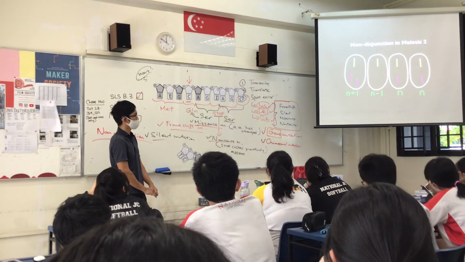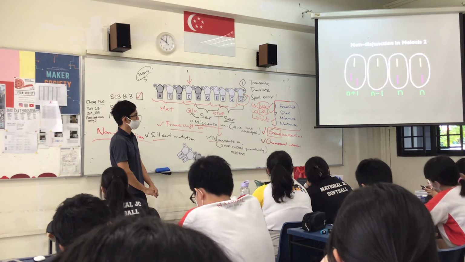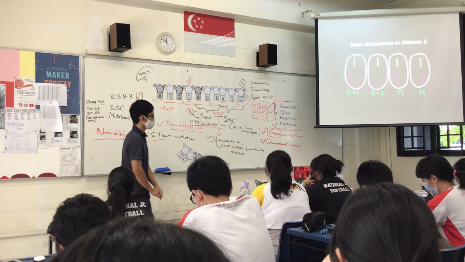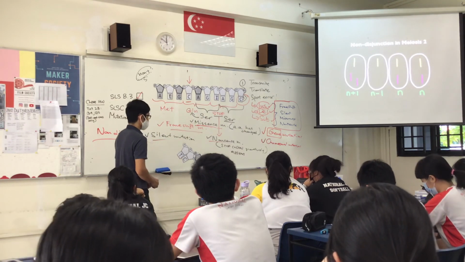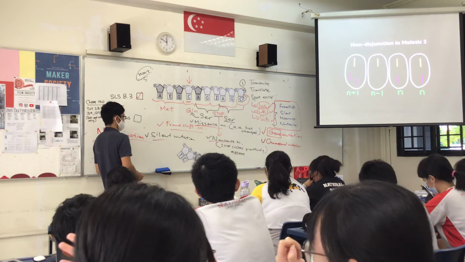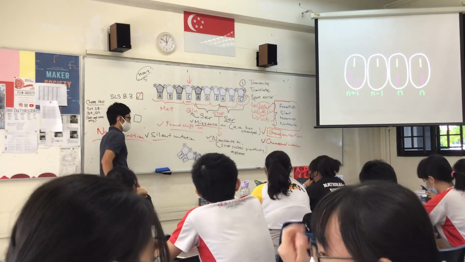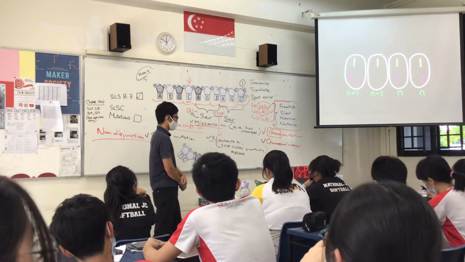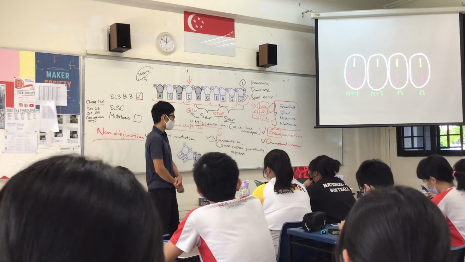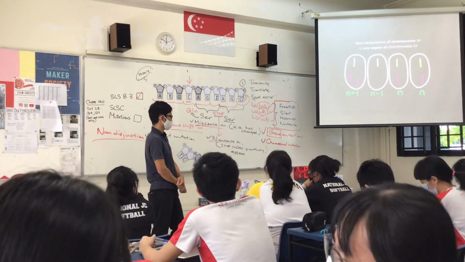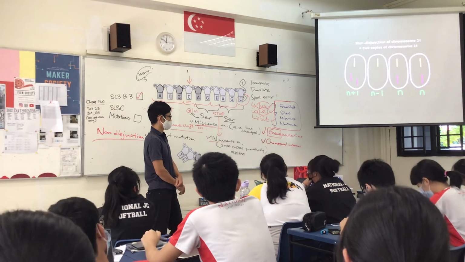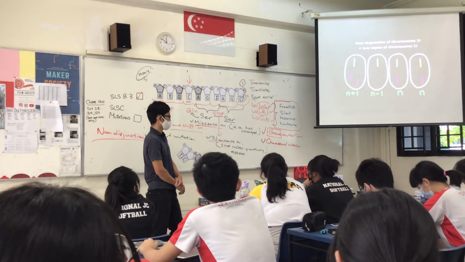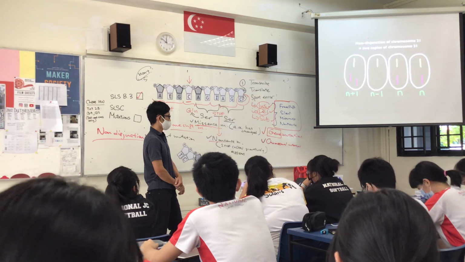Of the 4 daughter cells produced in this example, one of them will have one extra chromosome, N+1, one will be short by one chromosome, N-1, and the other 2 will have the normal number of chromosomes, N. Now, if this non-disjunction were to occur in either meiosis 1 or meiosis 2 to chromosome number 21, this would result in one of the gametes having 2 copies of chromosome number 21.